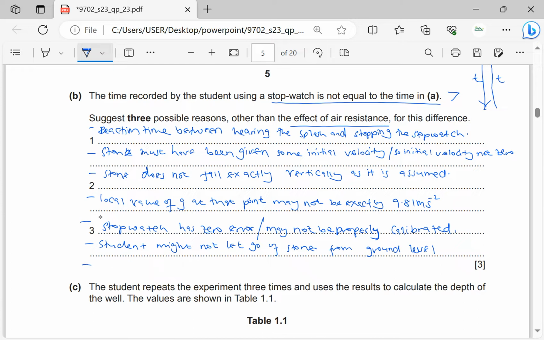Also, the sound of the splash takes some time to reach the student, and it has not been taken into consideration.